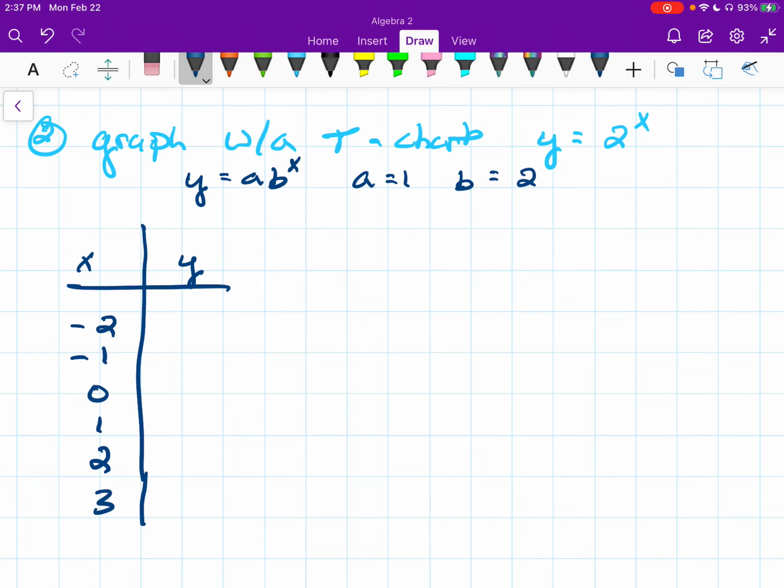We're not going to simplify it all. I'm going to plug into this 2 to the x. So if I plug in a -2, I'm going to have 2 to the -2. So this will be 1 over 2 squared, which is 1 over 4.